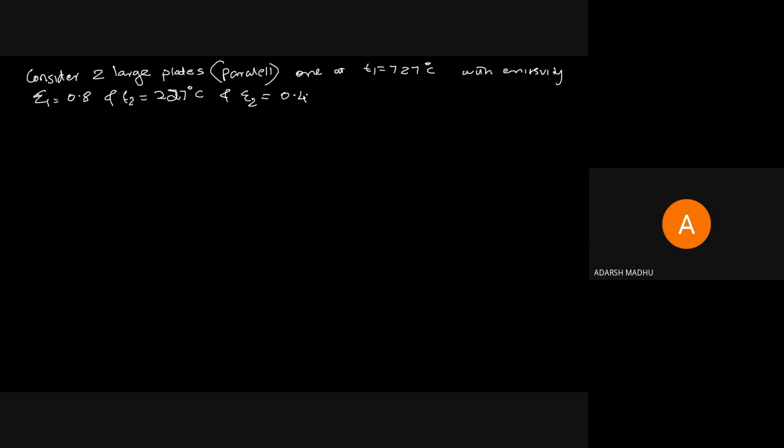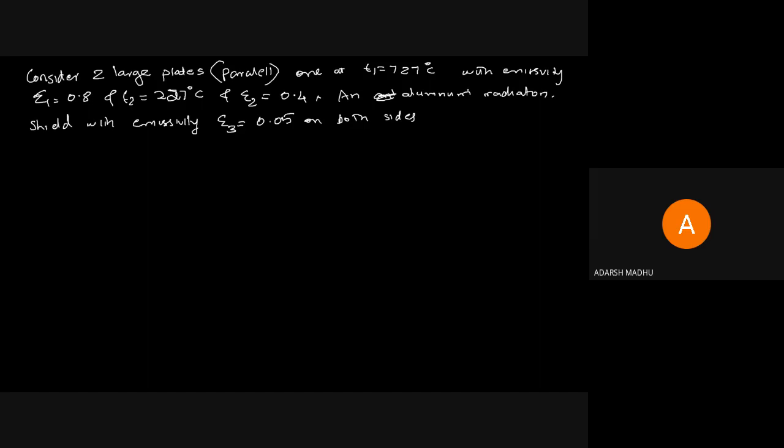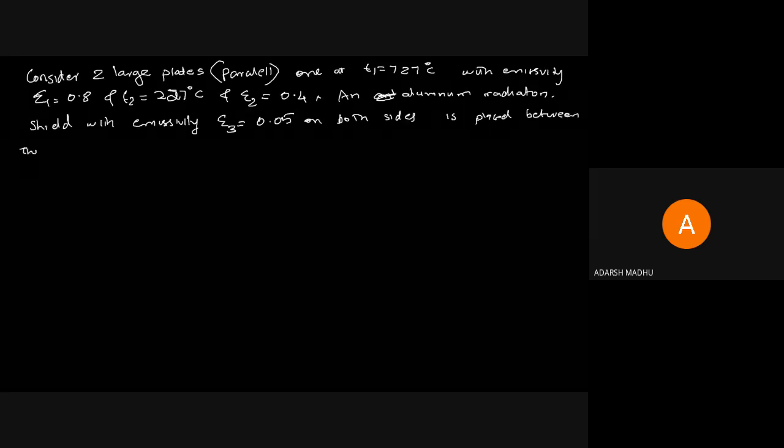An aluminum radiation shield with an emissivity, sigma s, means sigma of aluminum or sigma 3 equal to 0.05 on both sides, is placed between the plates.